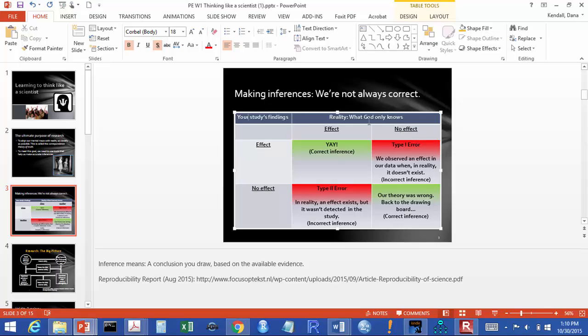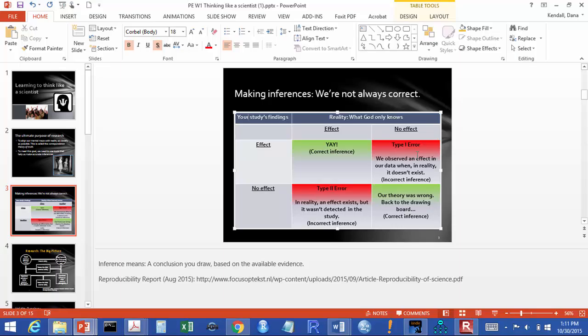Now, I'm talking about this in the hypothetical. For each of these quadrants coming up, I'll just discuss them briefly, with the assumption that we know reality. But of course, we know that actually we do not know reality. So this is hypothetical. However, the reason that it's important to understand the hypothetical is that we can look at each of these and understand when we are in danger of falling into one of these, or if we have the fortune to fall into one of these categories.